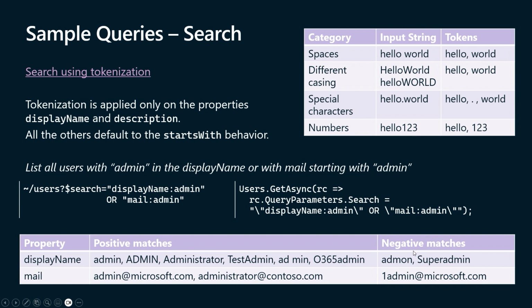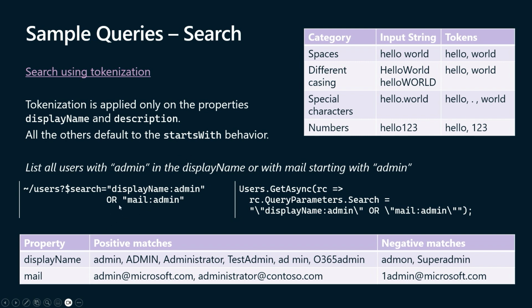A negative match is admon, because this is a completely different word. And super admin: in this case, there is no separation between lowercase, uppercase, or special characters, so for the engine, this is all one token.